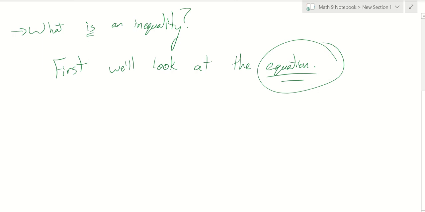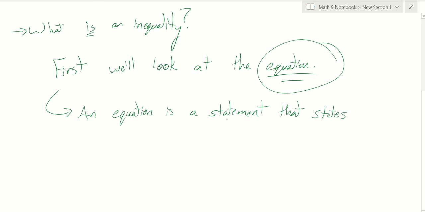So an equation is simply a statement. That's all it is. A statement that involves symbols. What does it say about those symbols or those mathematical objects?